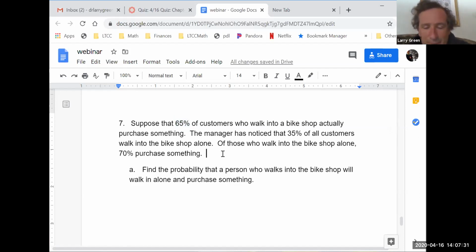So we know the probability of what? So in symbols, how do we take that 65% and write it in symbols? See if you can put that in the chat box. See if you can write that in symbols.